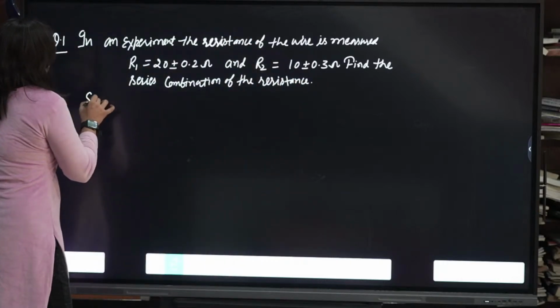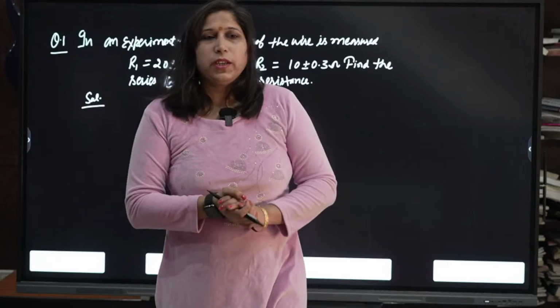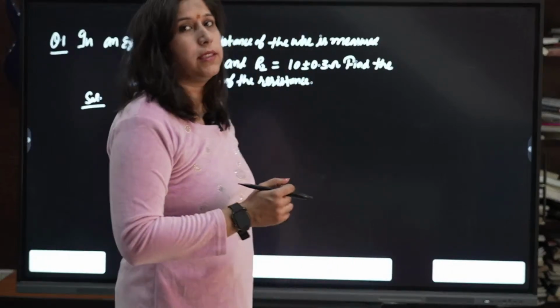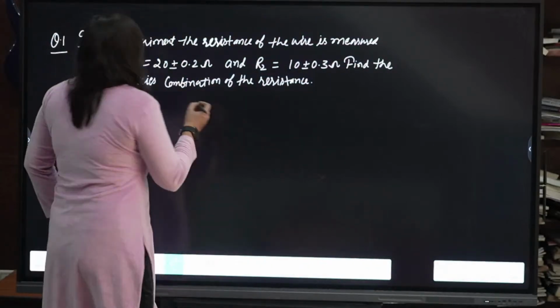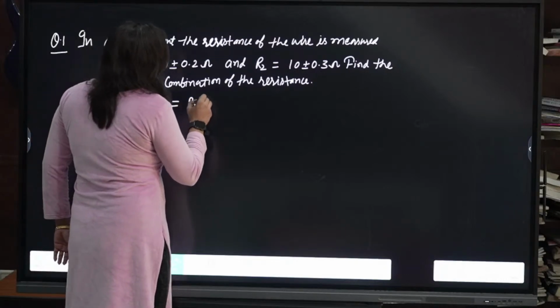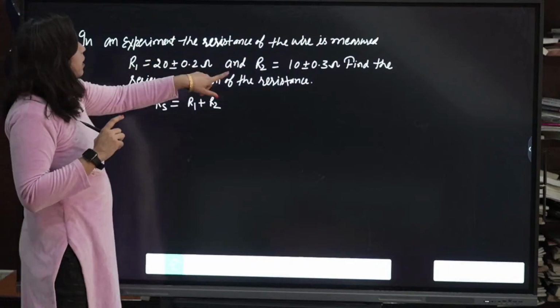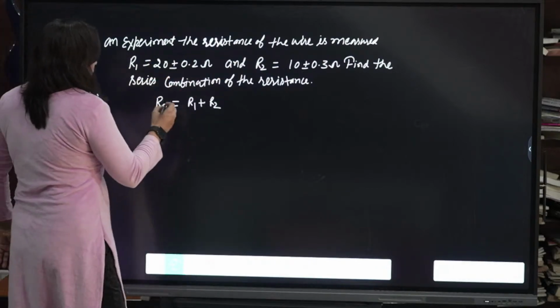When you solve it, very simple. In 10th class, you study about a series combination and a parallel combination of resistance. Direct formula we know: Rs is equal to R1 plus R2. In case of error, R1 and R2 are given in a question, then you can put its value.